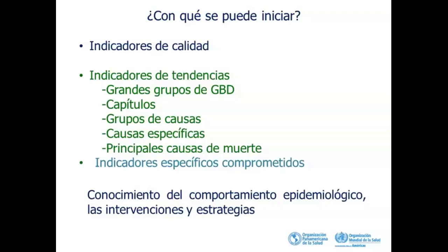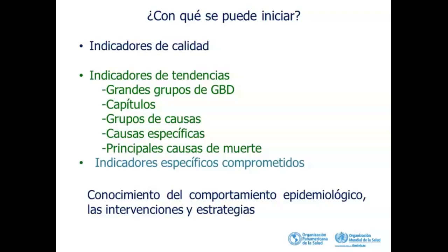Also, we can begin with specific indicators, because there are some countries that have specific indicators because they have very specific problems. For instance, Zika. For now, I don't know. There are indicators that might be useful to all countries, but some that the same country should identify, linked once again to the epidemiological pattern.